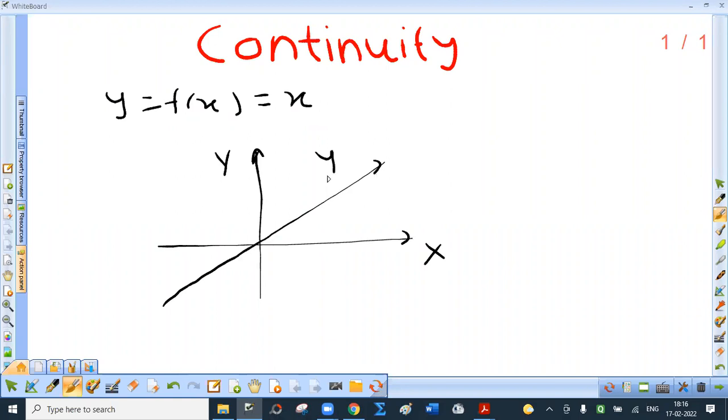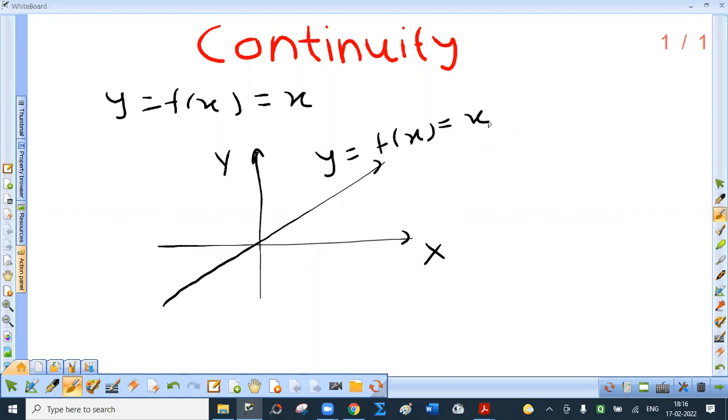So this is the graph of the function y equal to f of x equal to x. It can be seen that this graph is continuous, that is without any break or gap. It has no breaks or jumps. We say that the function f is continuous. If a graph has break or jump, then we say that function f is discontinuous.